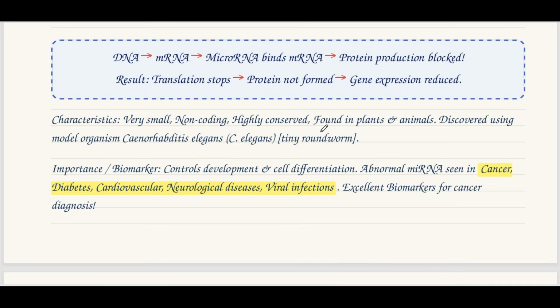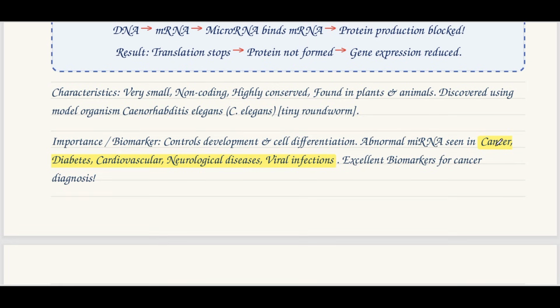To grow. It is not able to develop that protein because of the binding of microRNA. Then it will control our development and cell differentiation rate also. We observe this in the normal human, we can't observe it.